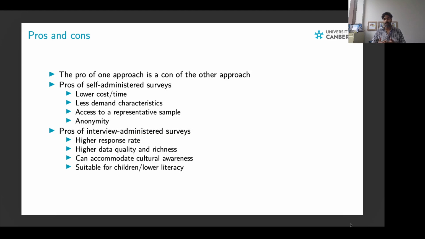And you get anonymity. So people don't have to provide their details when they're completing a survey. If it's face-to-face, whilst they may not need to provide their details for your study, they also know that you know who they are. And so it's very difficult to have that anonymity in that face-to-face interaction.